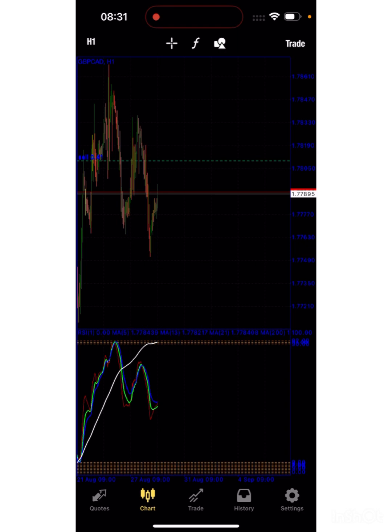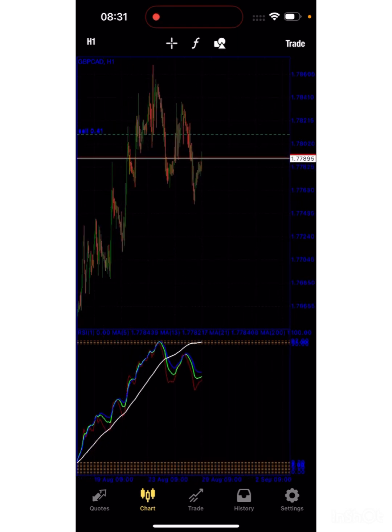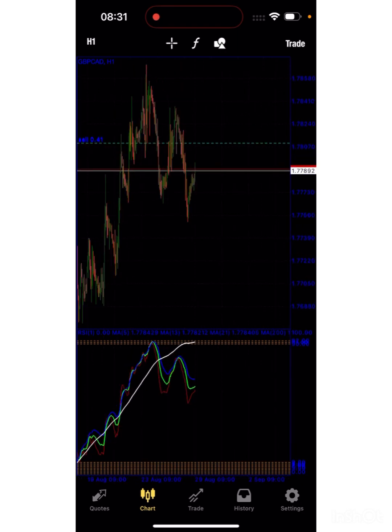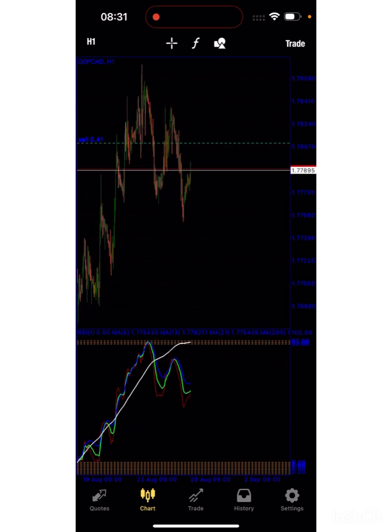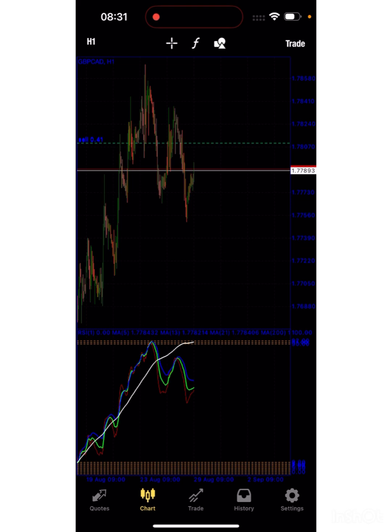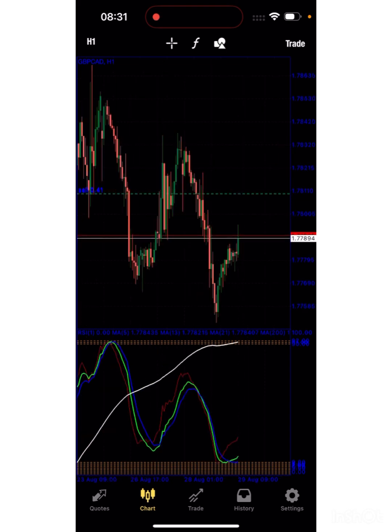The reason I'm saying that is, if you are using this strategy right here, make sure you don't just rely on the mobile strategy. You also need to read the chart.